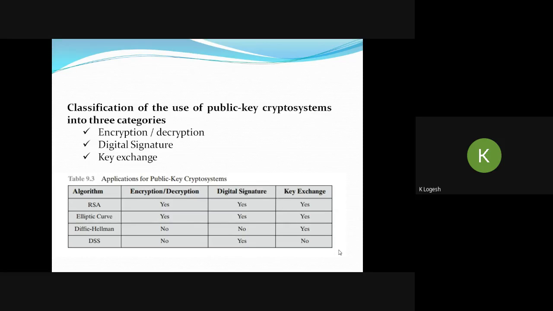This is not suitable for encryption, decryption and key exchange. It is only for digital signature, only for authentication purposes. The name itself clearly gives it: DSS, digital signature standard. Note down this application table and categories, please, everyone.